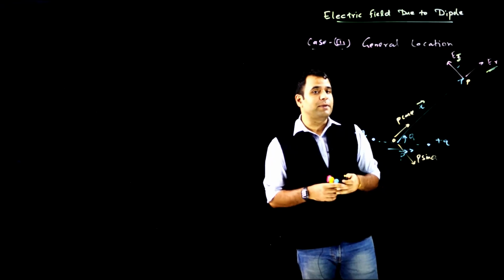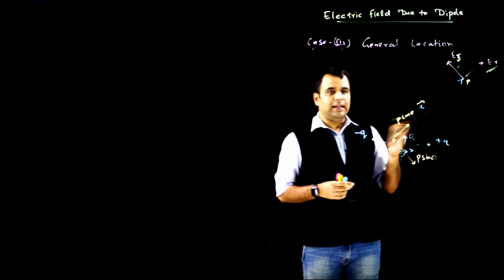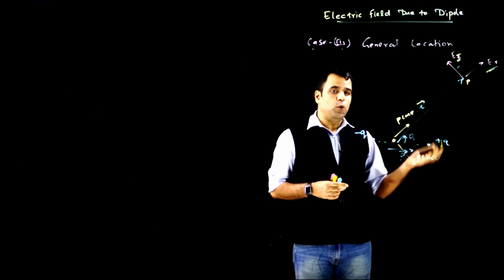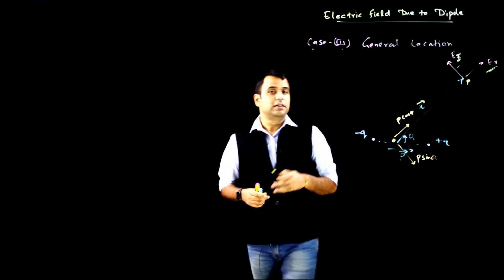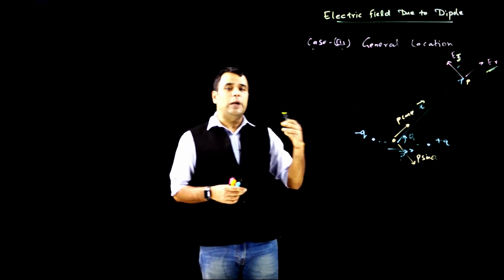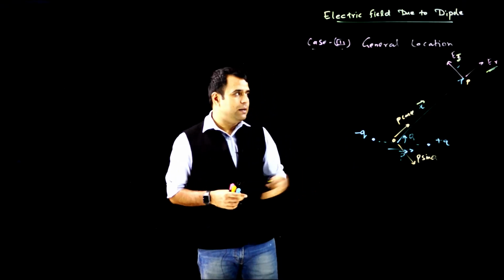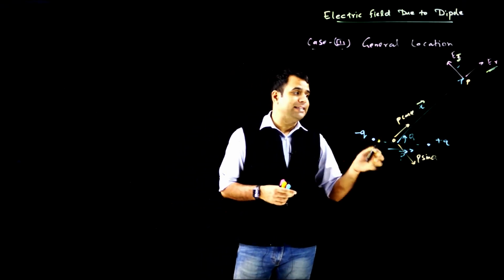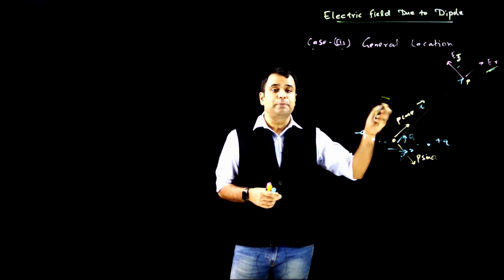So if we remember case 1, when we calculated the electric field along the dipole moment, that was p. In this case, it is p cos theta. The formula is electric field is 1 upon 4 pi epsilon naught, 2p upon x cube. That was the formula. But in this case, we'll not take p, because p is not the component along OP. The component along OP is p cos theta.